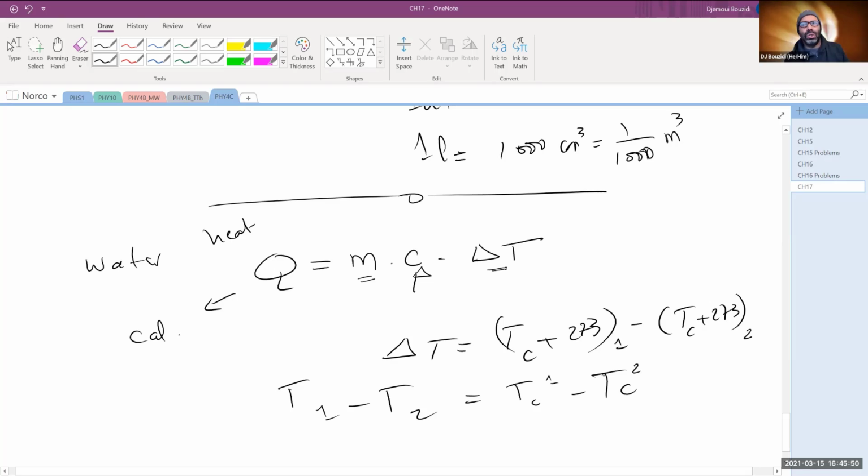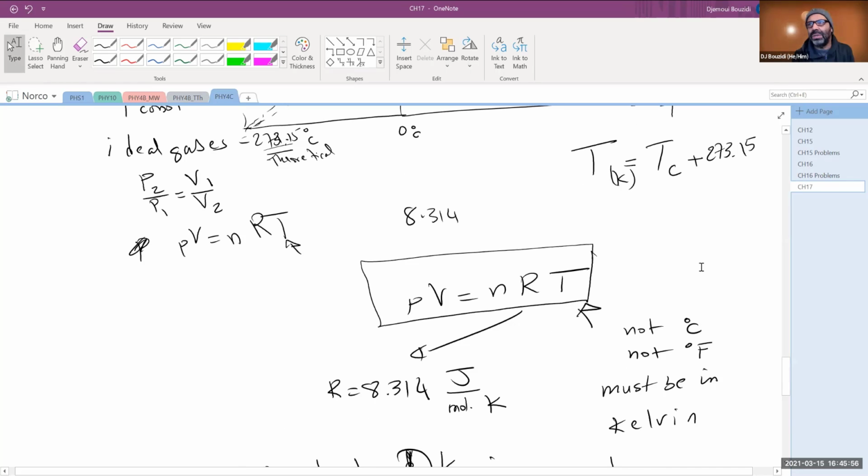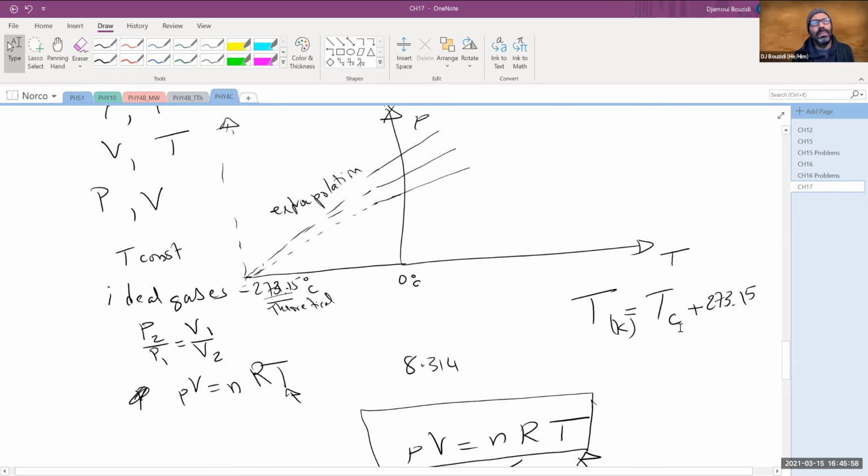So whether I write it in degrees Celsius or in Kelvin, it doesn't matter. So delta T is an exception to the conversion. You don't need to convert if all you care about is just the difference between temperatures. Because if you add 273 to one and you add 273 to the other and take the difference, the 273 will cancel.